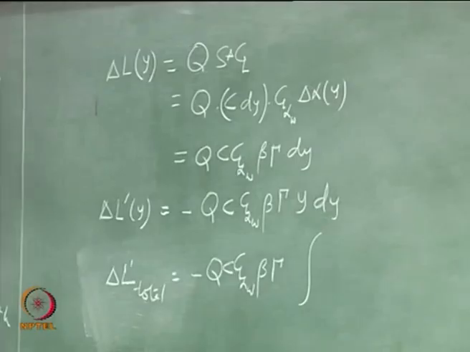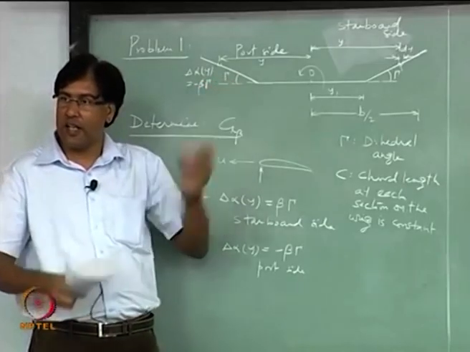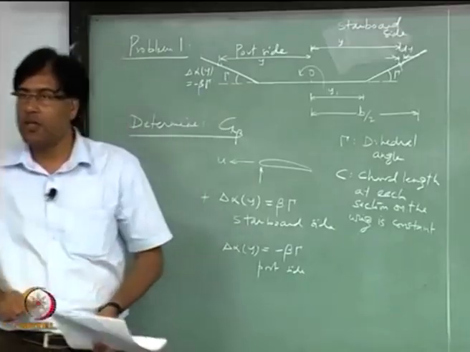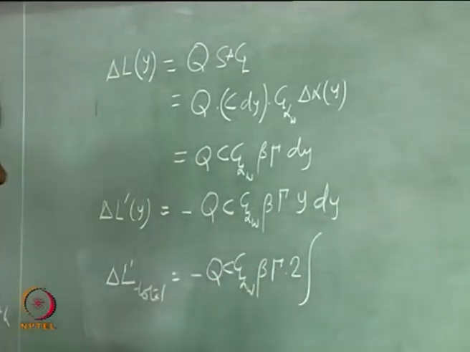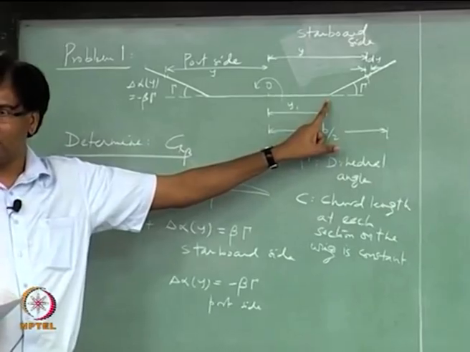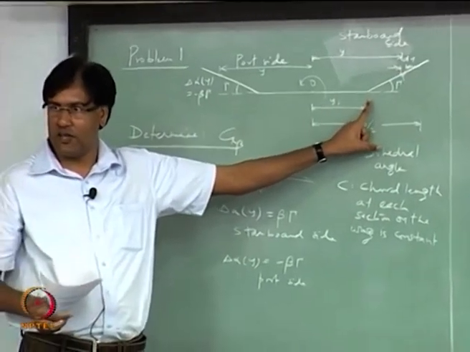So, plus delta L minus delta L, both of them are going to give the same negative rolling moment. So, I have to add them up. And this y is going to be starting from this point y1.